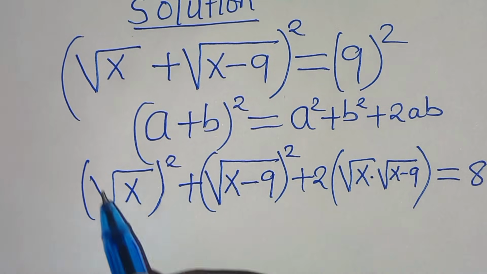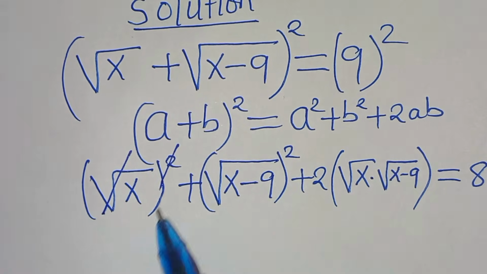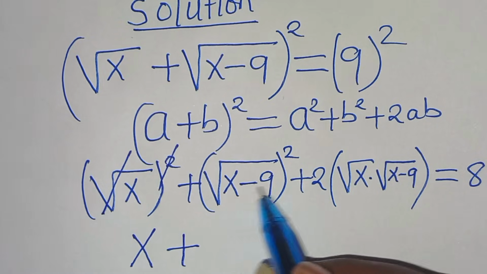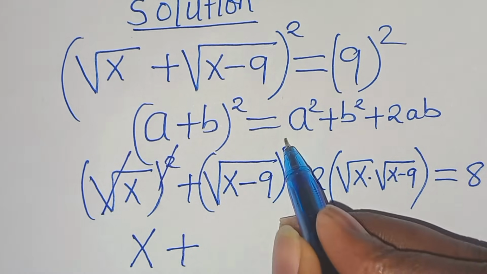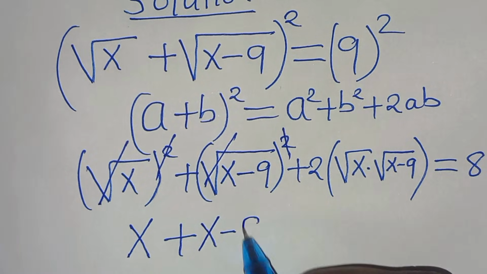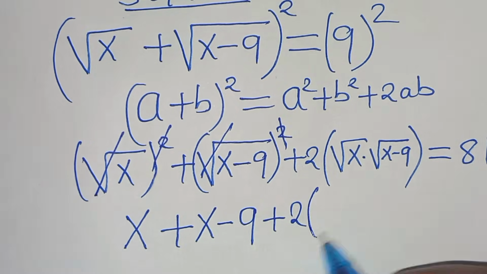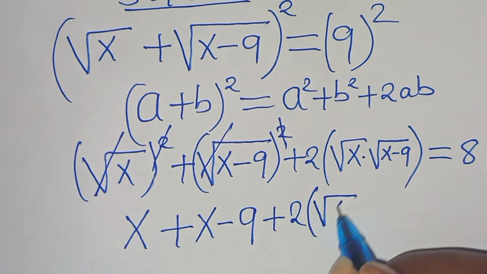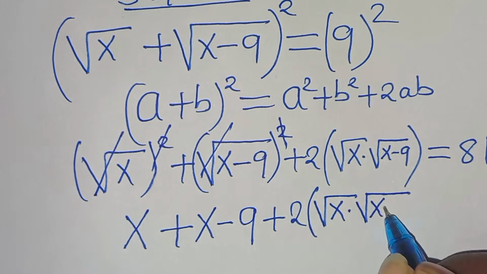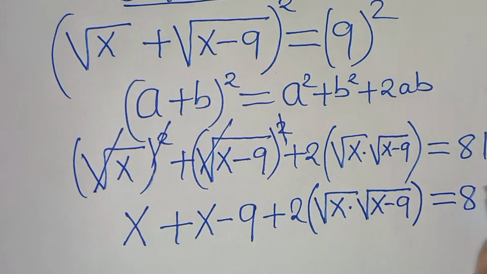Now, the square root of x to the power of 2 simplifies to x, then plus the square root of x minus 9 squared, which eliminates the square root sign, so plus x minus 9, then plus 2 multiplying the square root of x by the square root of x minus 9. This is equal to 81.